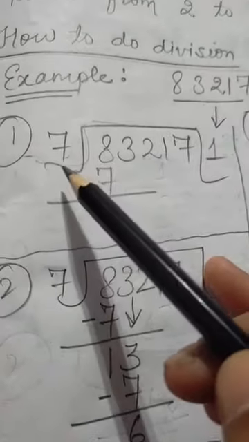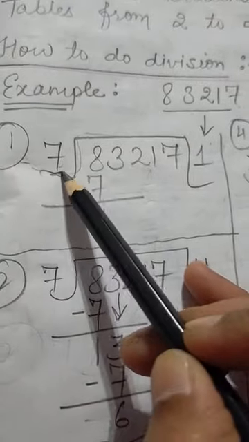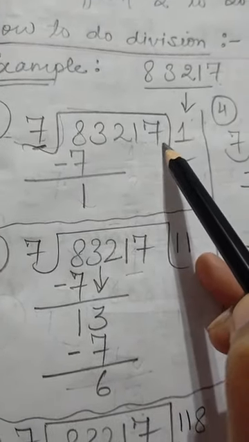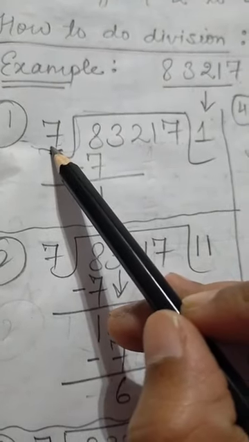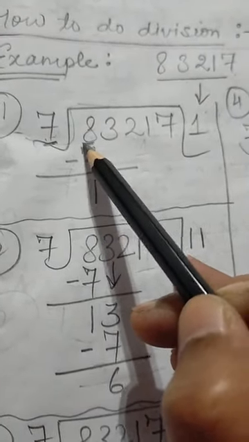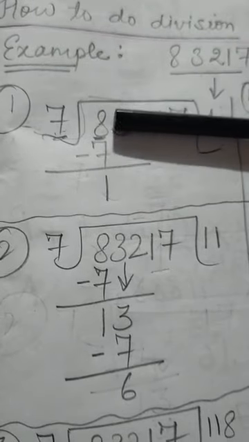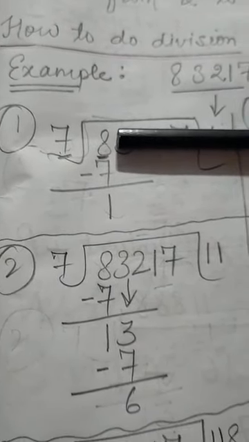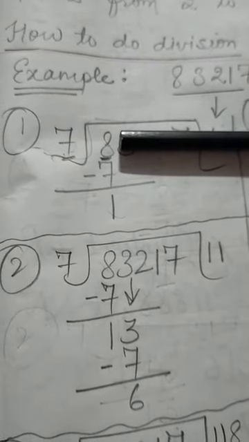See here carefully. 7 is the divisor, and this is the dividend, 83,217. Here the divisor is only one digit, so you will see only one digit; other digits you will not see. Here in the dividend there is only 8 and the divisor is 7.